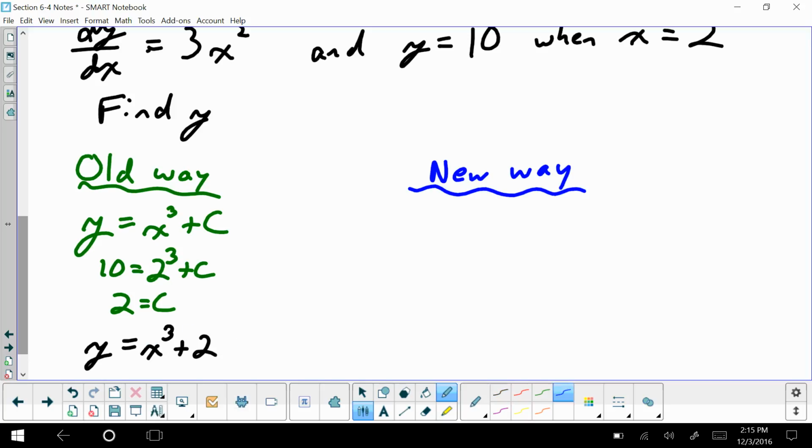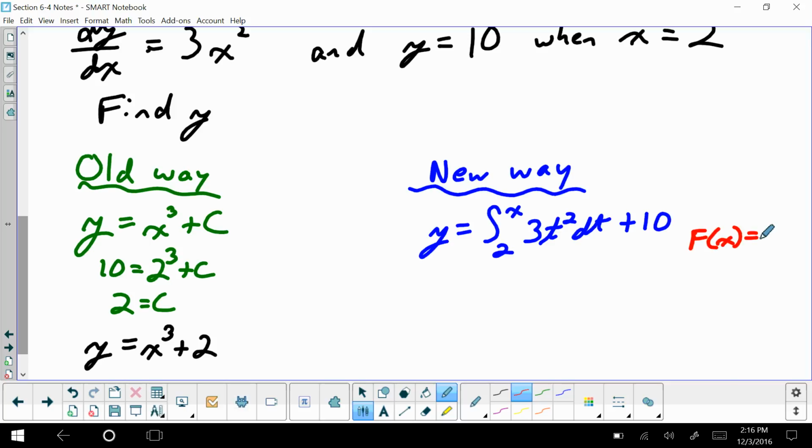In terms of this new way of doing it within an integral defined function, well, y would be my integral from 2 to x, I'm going to use t again as my dummy variable, plus 10. Well, I can actually go ahead and say my antiderivative is, I should say t, not x, t cubed.